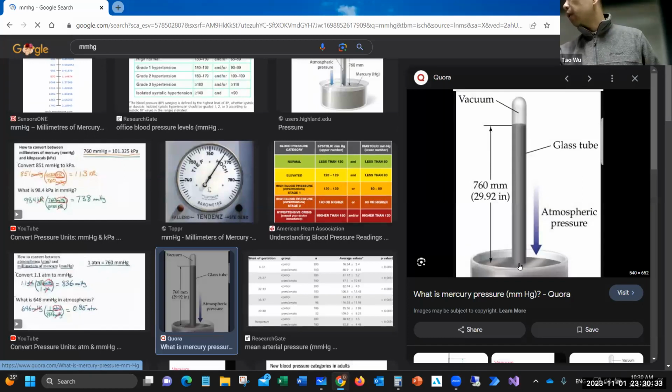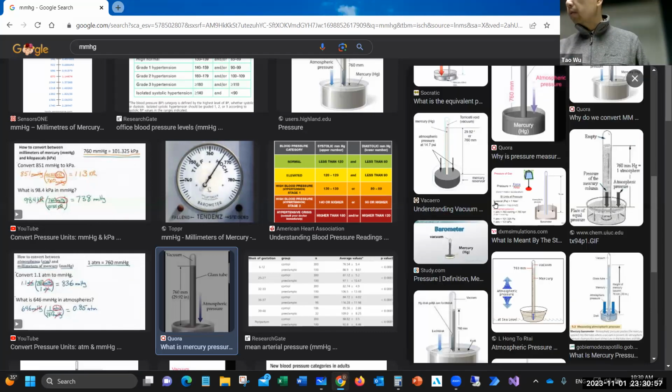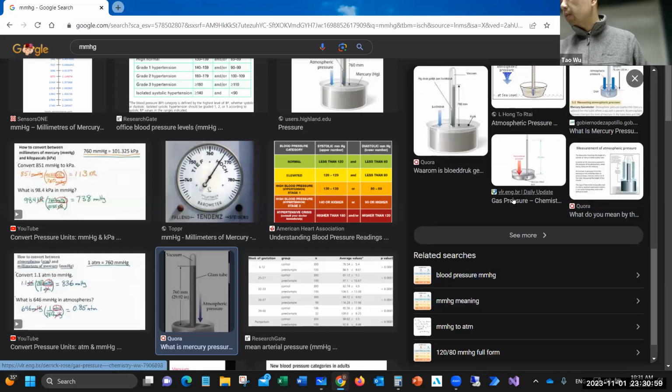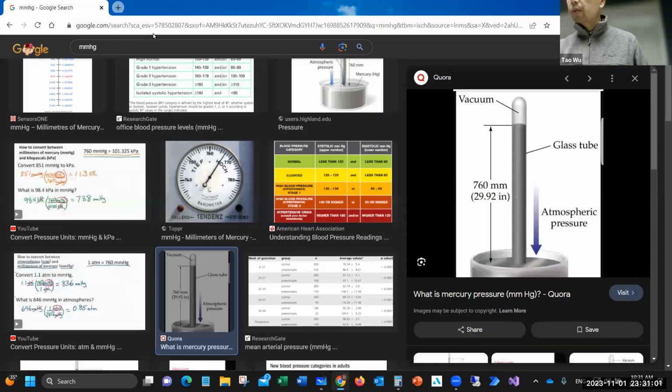They put the mercury underneath, then put a bar over there, so the vacuum is over here. The atmosphere presses the mercury and pushes it up. The height of this will be just the pressure of the air. That's it. So millimeter height of mercury is a pretty old unit.